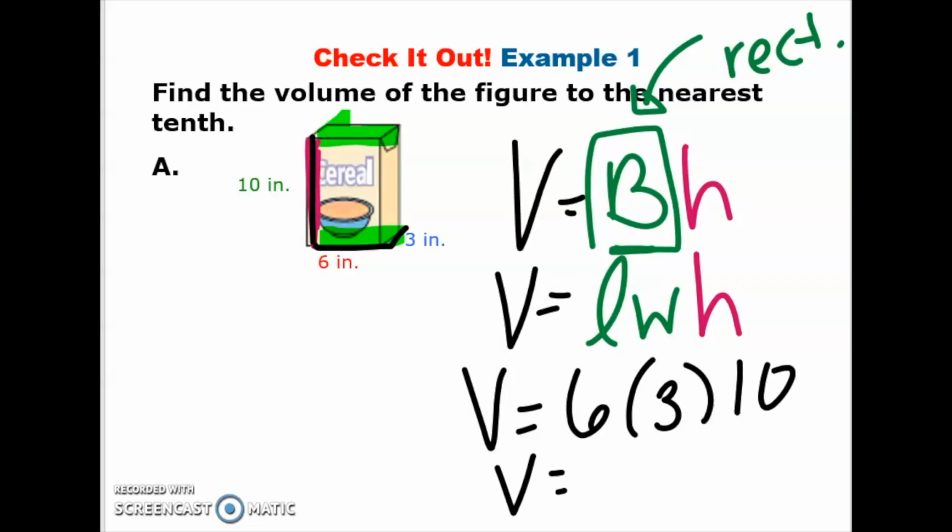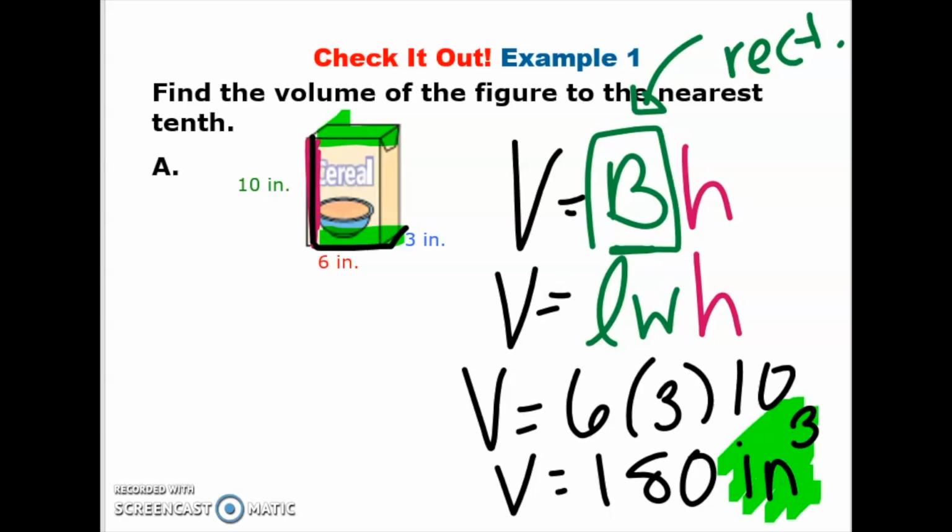So now I just need to multiply these all together, 6 times 3 times 10, and I get a total volume of 180. And now my units are cubic units. So make sure you really pay attention to the units being cubic. That basically means I could fit 180 cubes inside of the box, and the cubes would all be 1 inch by 1 inch by 1 inch.